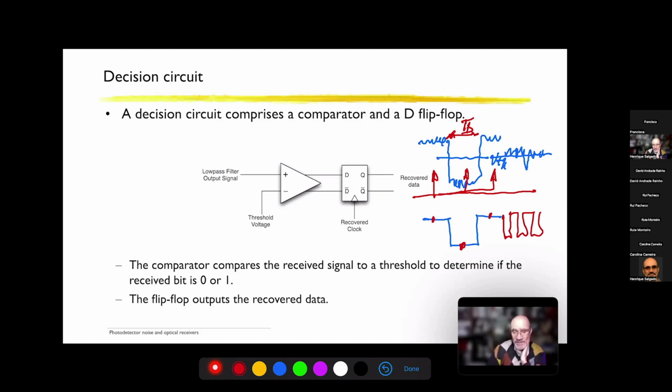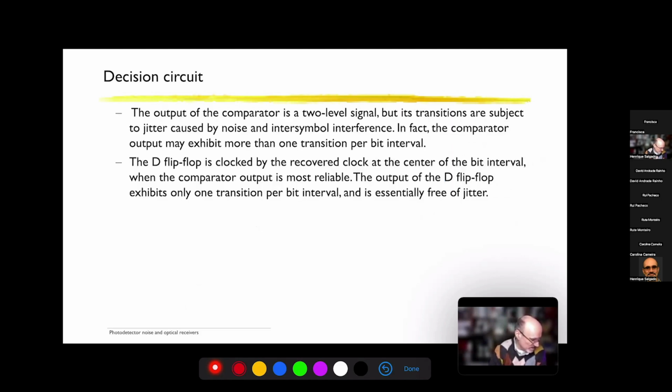And so this is a simple way of recovering the data information being sent as bits of zeros and ones. And so at the output of this flip-flop circuit, you have the recovered data. So this slide is just an explanation of what I've just discussed.